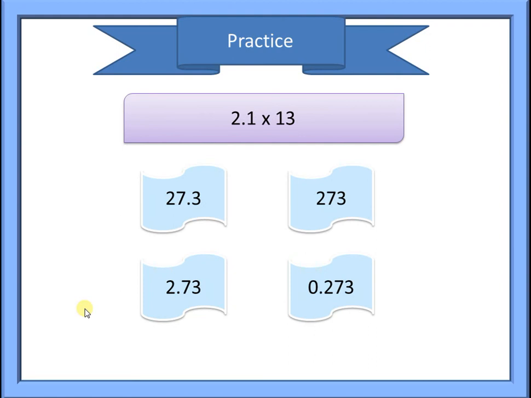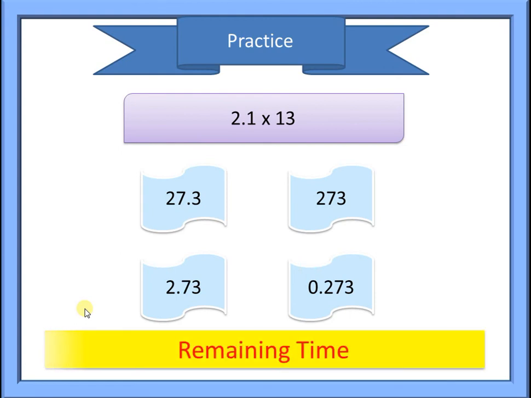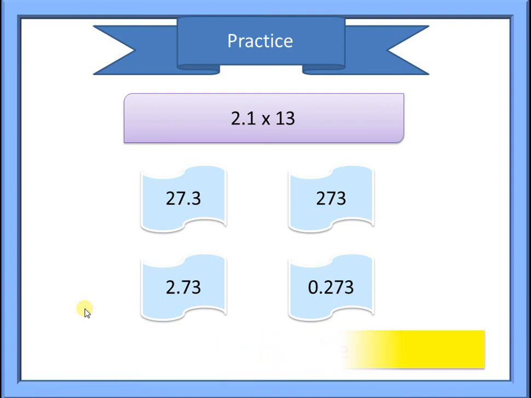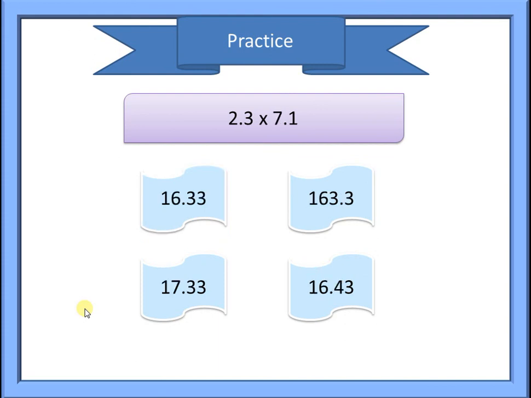Okay, let's have another one. 2.1 times 13. Let us start the time. Time is up, and the correct answer is 27.3. Next, multiply 2.3 by 7.1.